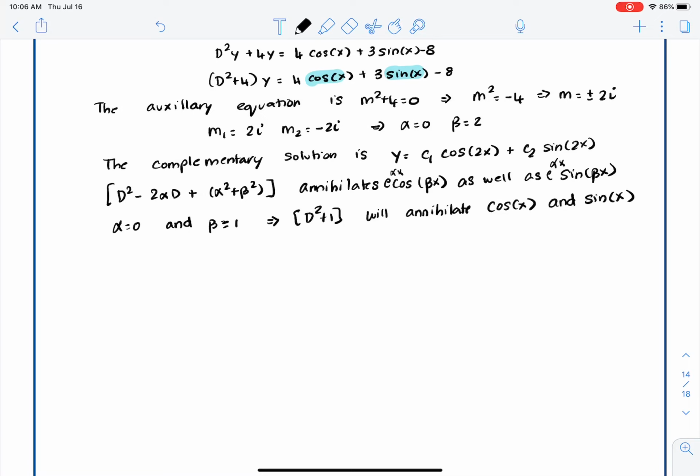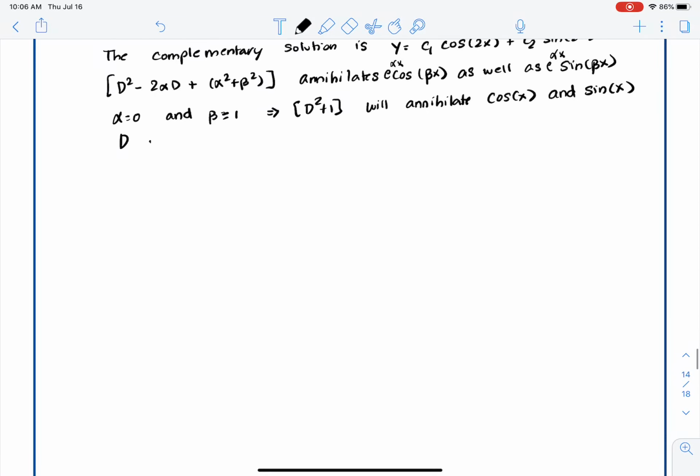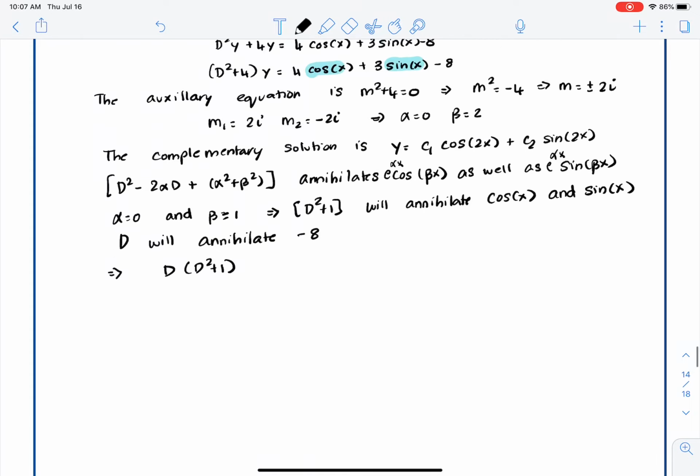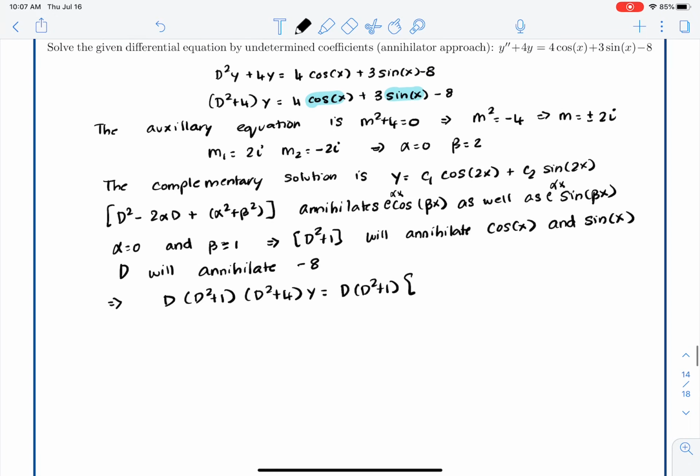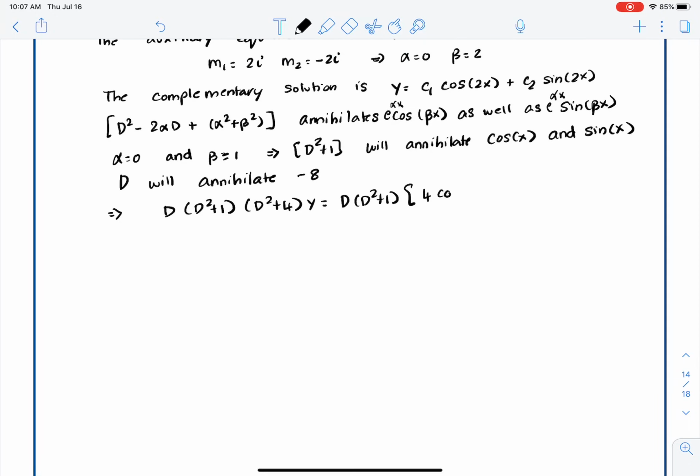But we have a constant 8, we've got to get rid of that too, so D will annihilate the negative 8. So we have to multiply both sides by D times D squared plus 1 times D squared plus 4 times y equals D times D squared plus 1 times the right-hand side, 4 cosine x plus 3 sine x minus 8.